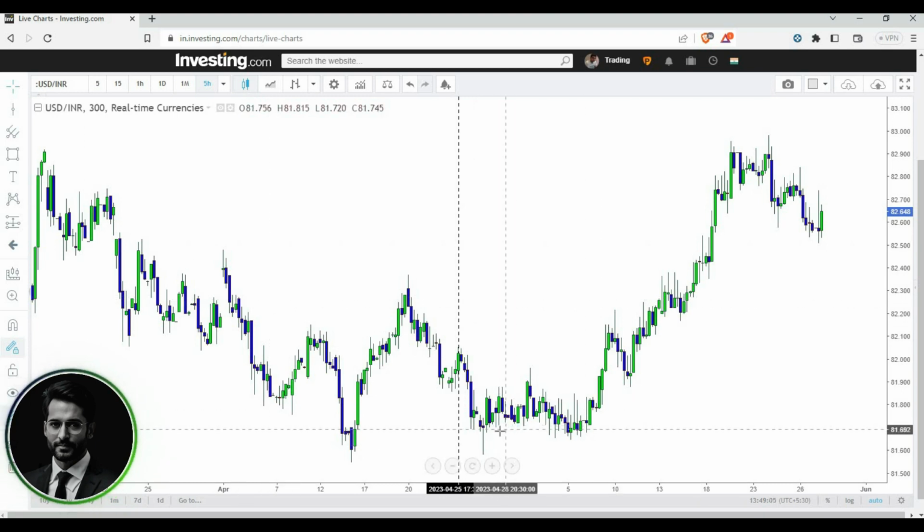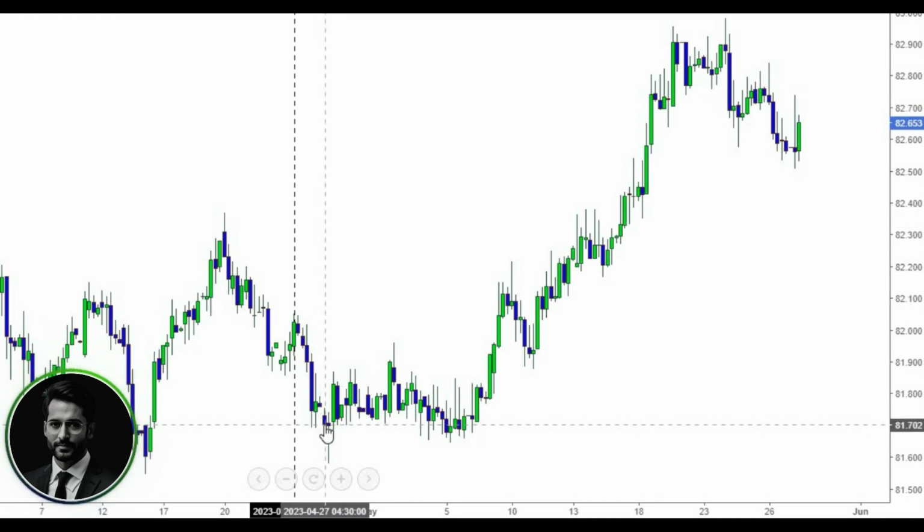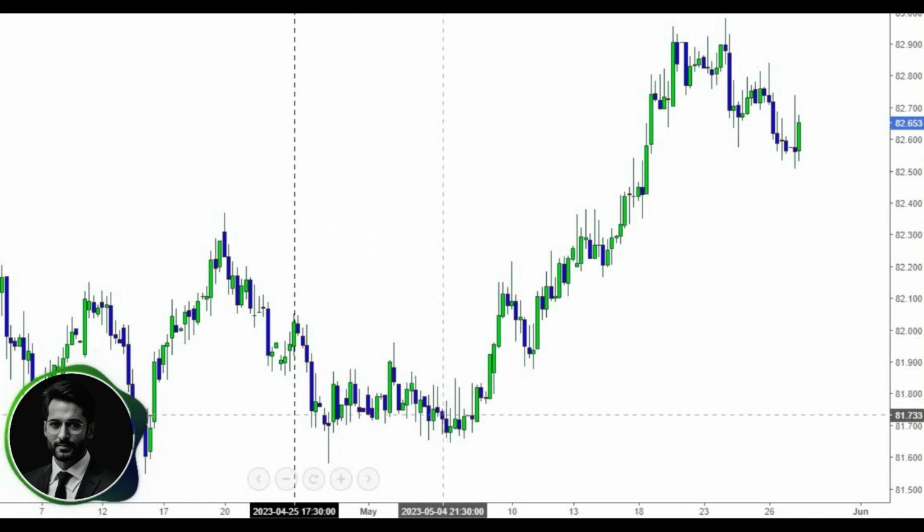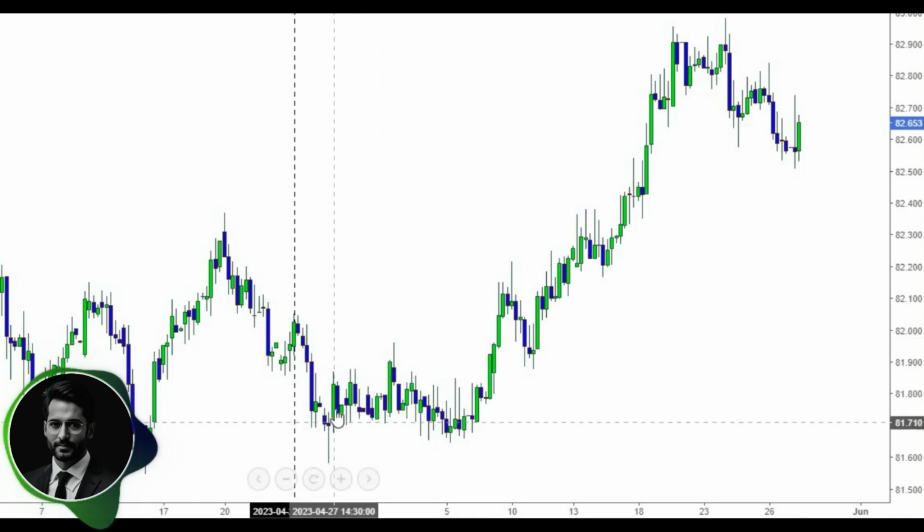Within this, I hope you can notice a very congested price action. If you look at the market movement at this point, you can notice that the market is just going up and down, right? There is not a lot of movement.